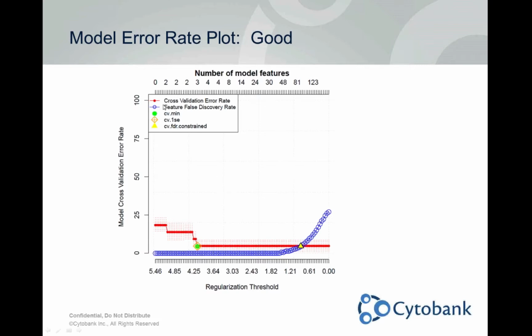This red line is the cross-validation error rate. During the cross-validation step in CITRUS, it takes a subset of the data out and compares it against the model that it's building to make sure it's a rigorous model, to make sure it's not building the model to fit exactly only your data and that anything else would completely fail.